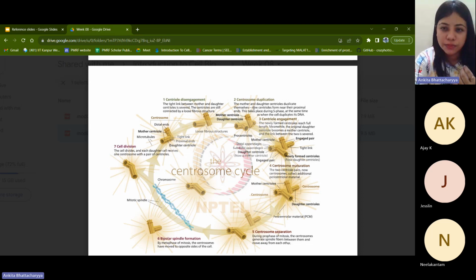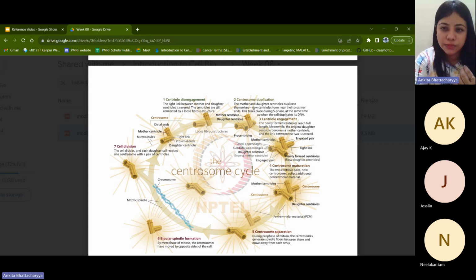And then during the prophase, the centrosomes generate spindle fibers between them and they move away from each other. So from the original centrosome, two centrosomes have now been formed and they have migrated towards opposite poles of the cell, resulting in the formation of a bipolar spindle that is beautifully represented here as the metaphase plate.